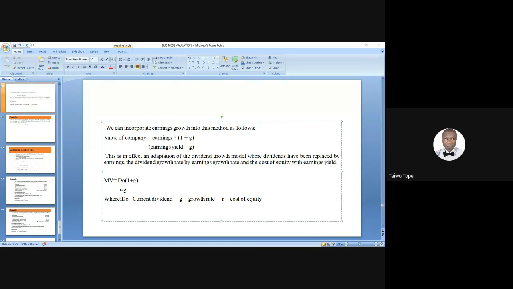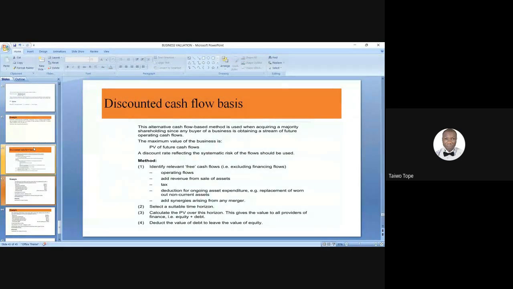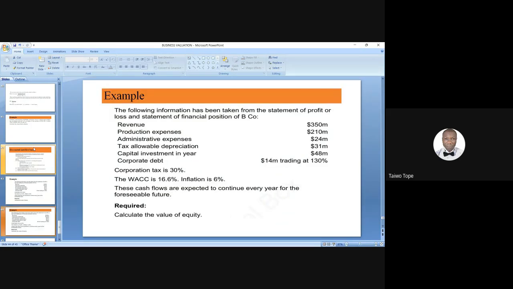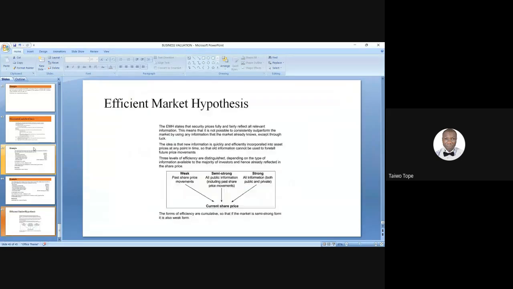You can see a combination of WACC and inflation reflecting. Everything you've learned in the past will always resurface in one way or the other: allowable depreciation, capital investment, corporate debt.